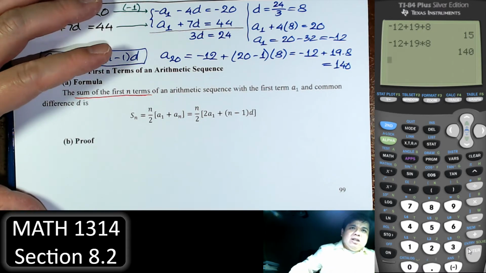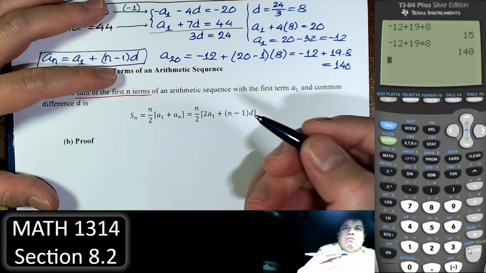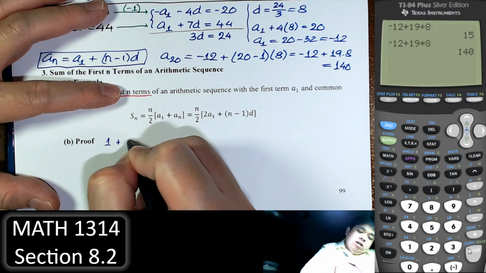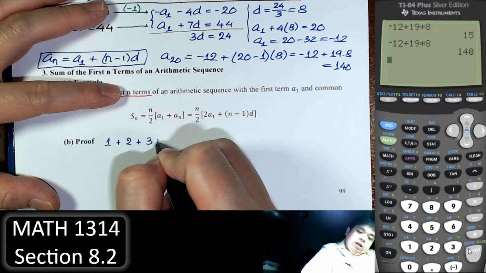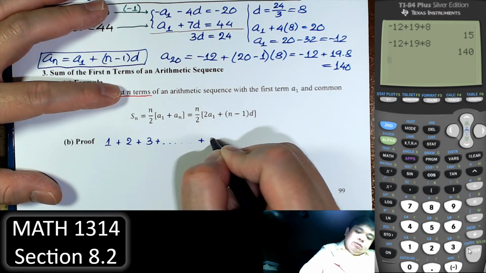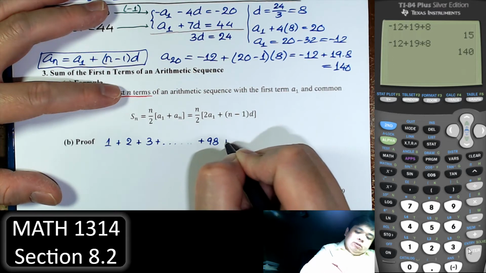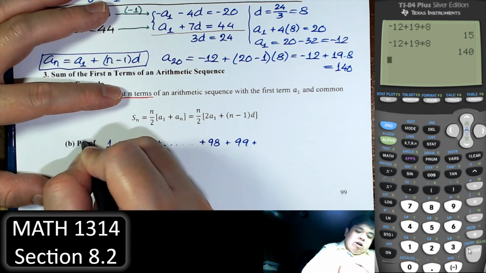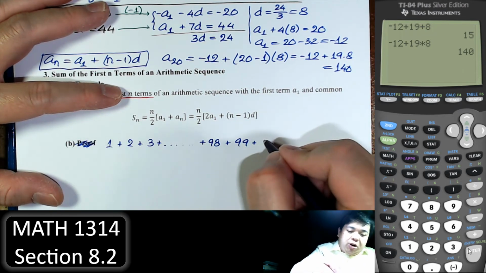So let's think about this and look at a very simple problem. If we add 1, 2, 3 all the way to 100. This is not a proof, by the way, a kind of classical problem.